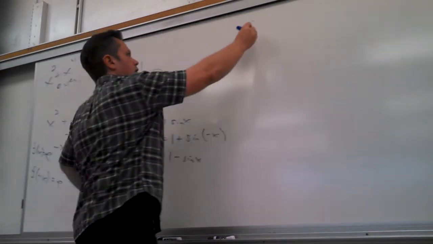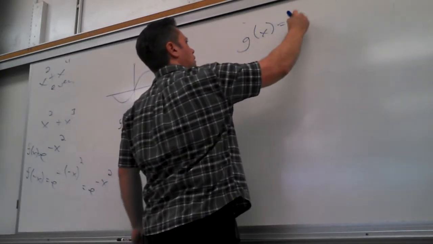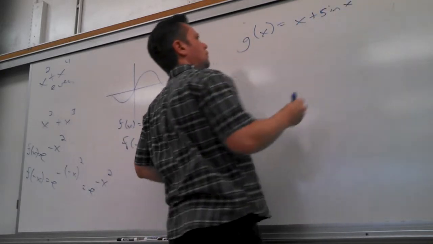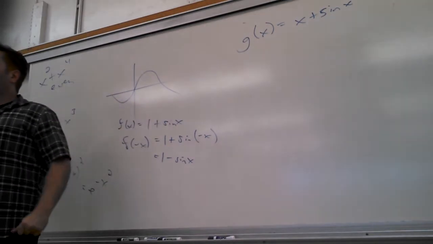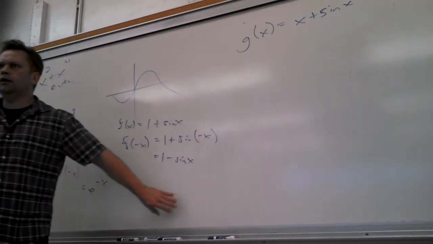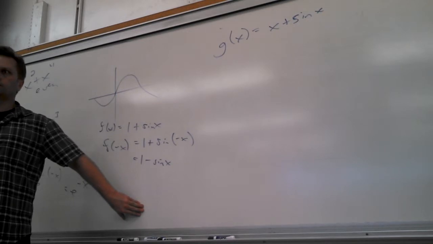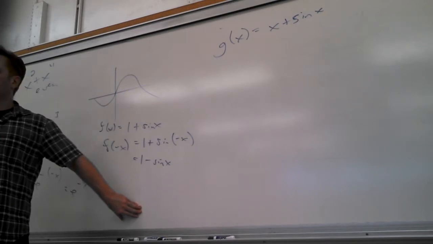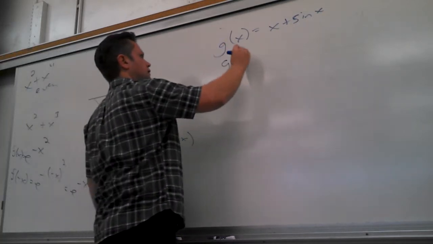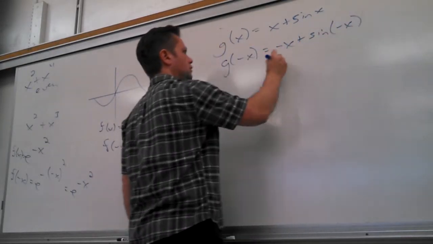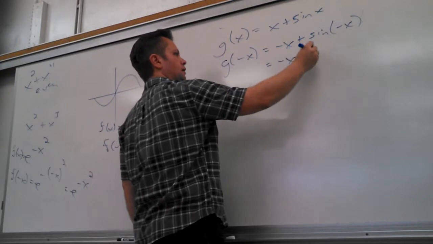So what about this? What if I had x plus sine x? Is that odd or even or neither? Odd. Yeah, why? What happens when you plug a negative x in? You get negative x plus sine of negative x. And what's sine of negative x? Negative sine x.